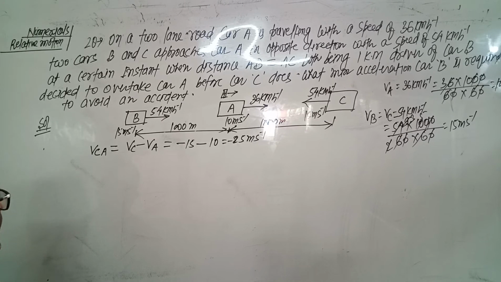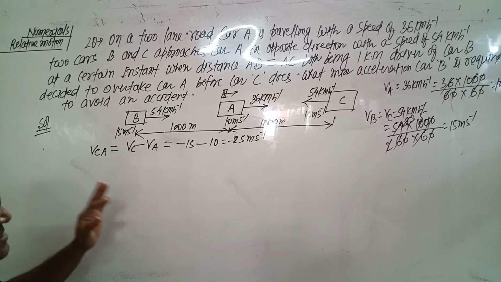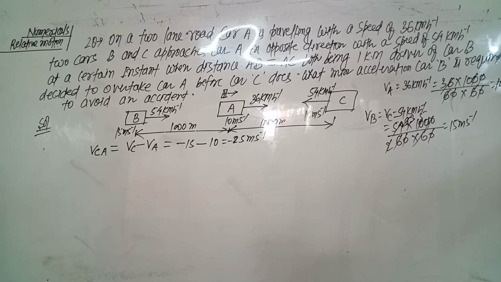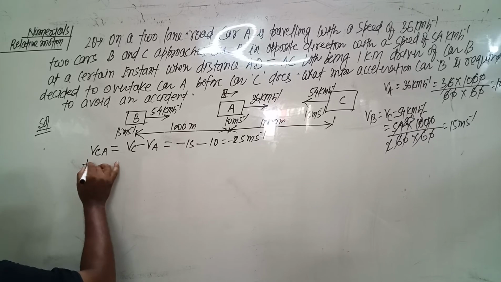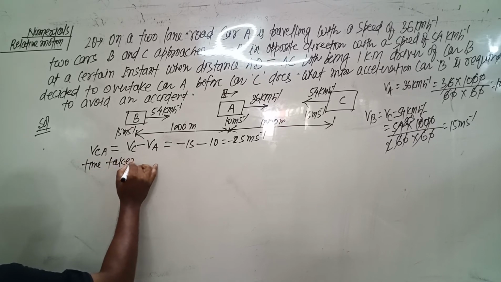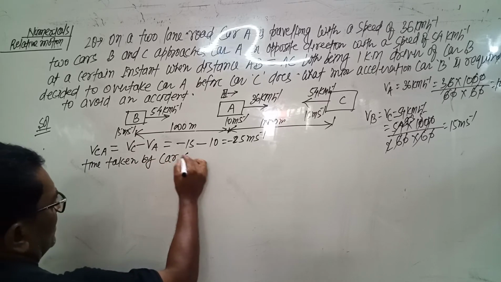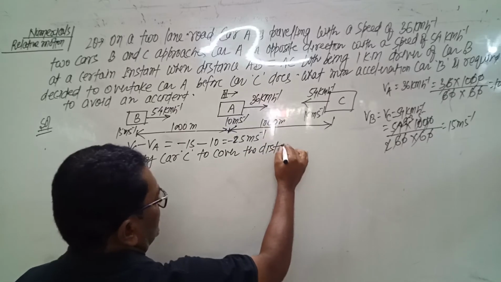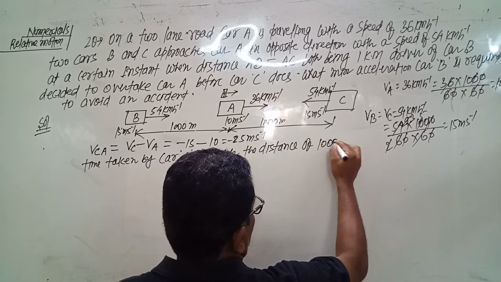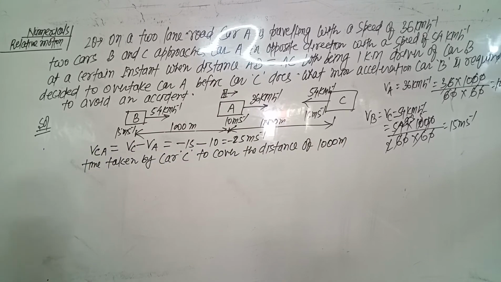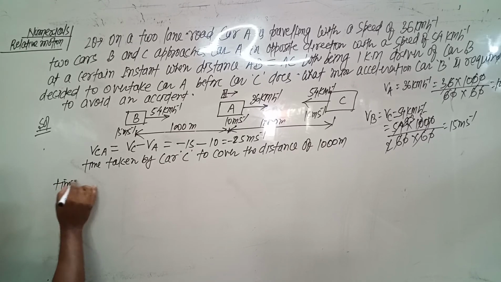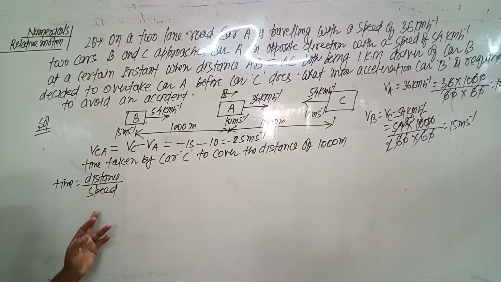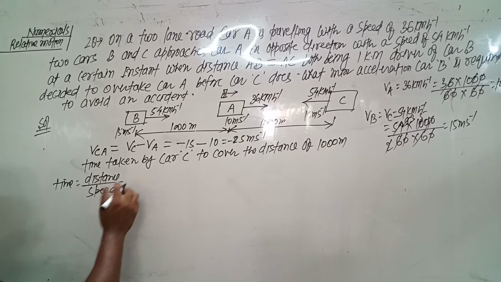Now we will find the time taken by car C to reach car A. Time taken by car C to cover the distance of 1000 meter: time equals distance upon speed, and the speed would be the relative speed, that is 25 meter per second.